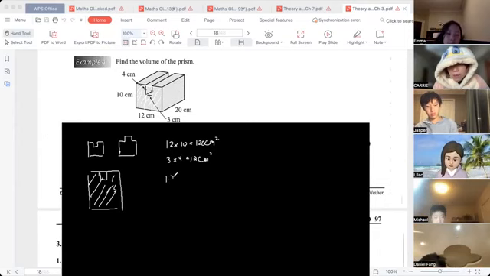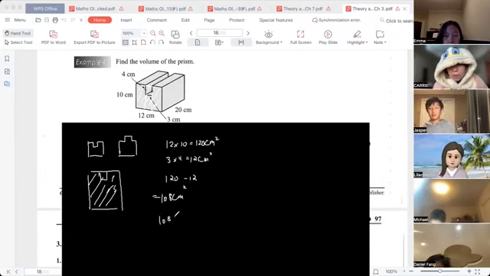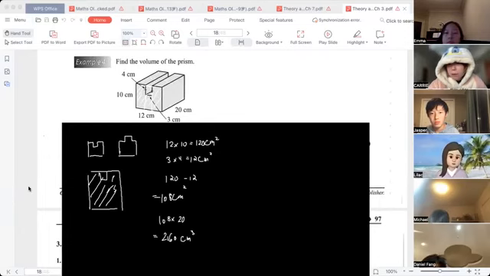It is 120 minus 12 equals 108 centimeters squared, correct? To find the volume, we do 108 times 20 equals 2160 centimeters cubed. Get it, everybody?